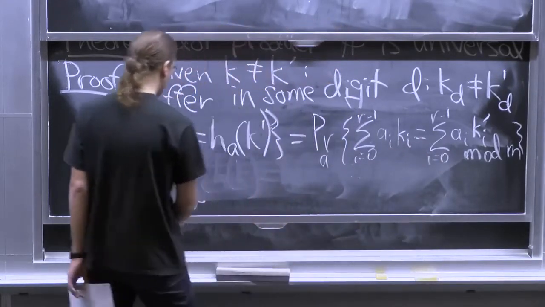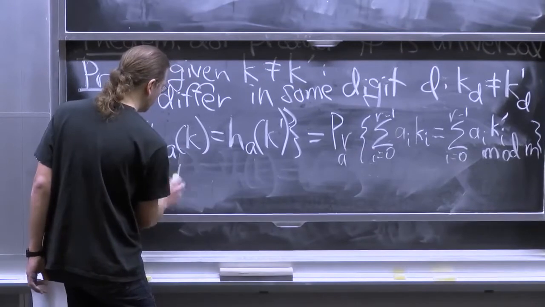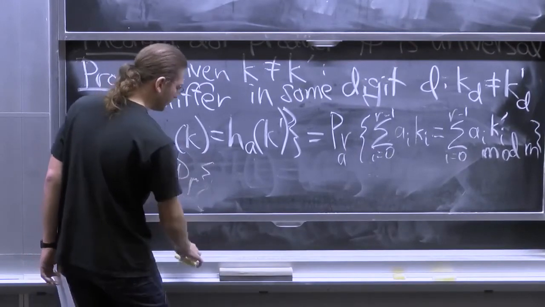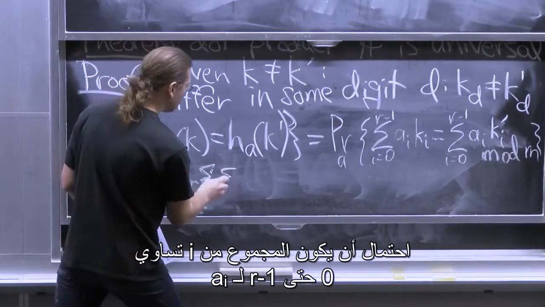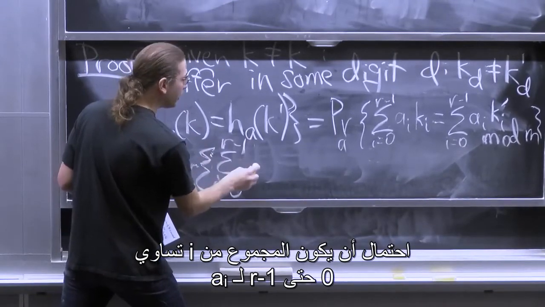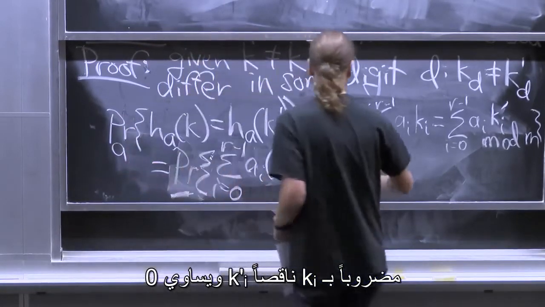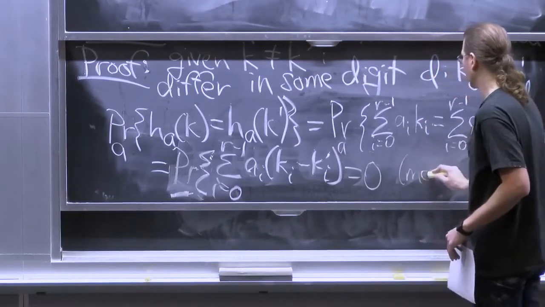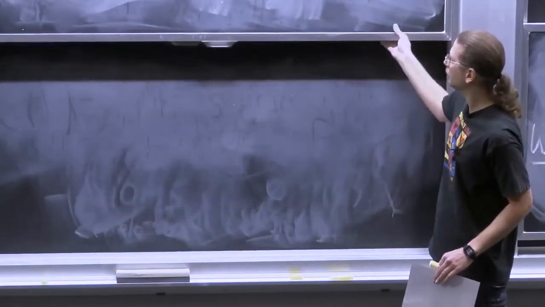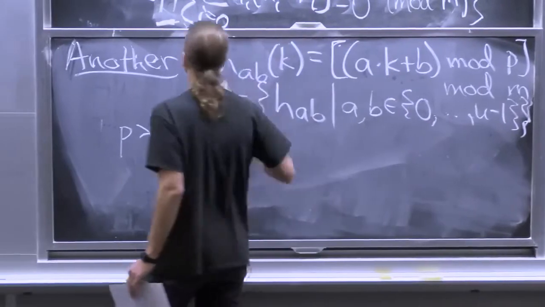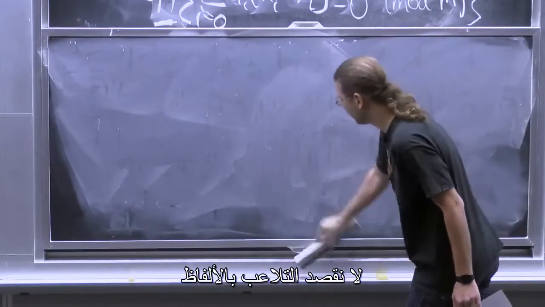So I can group terms and say this is the probability sum over I equals 0 to r minus 1 of ai times ki minus ki prime equals 0, modulo m. Okay, no pun intended.